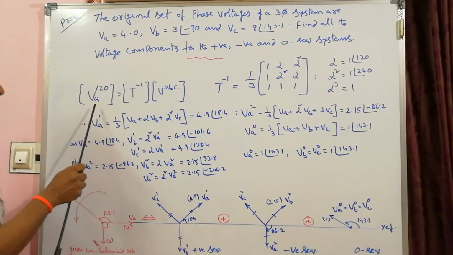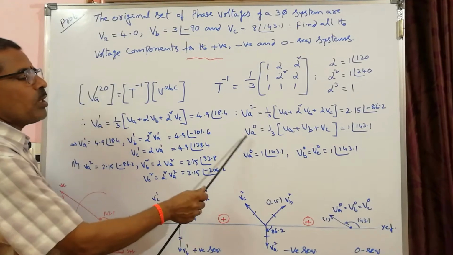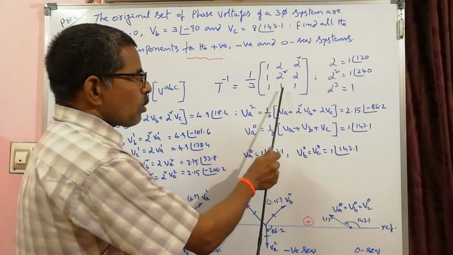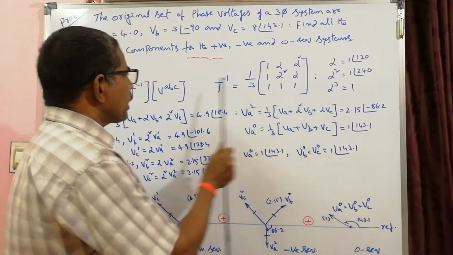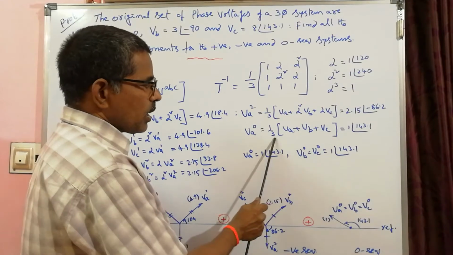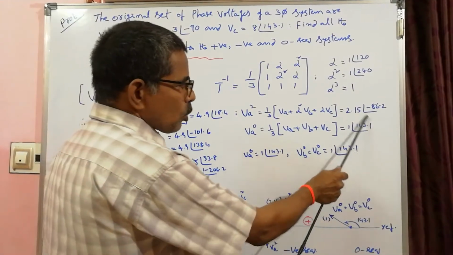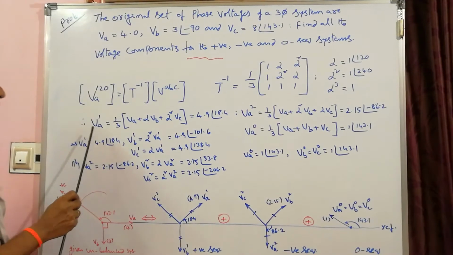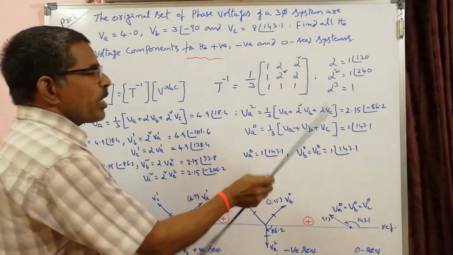Then finally VA0 is 1/3 of VA plus VB plus VC, that is 1/3 of [1 1 1] multiplied by VA, VB, VC. That comes out to be 1 angle 143.1. So, these are VA1, VA2, VA0.